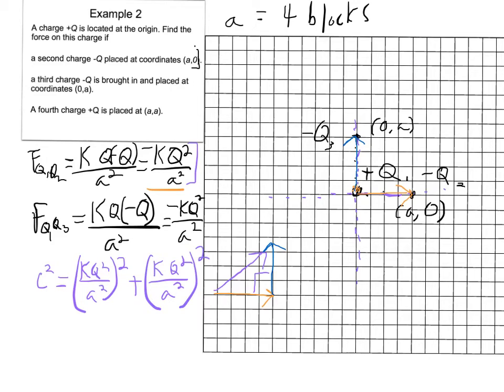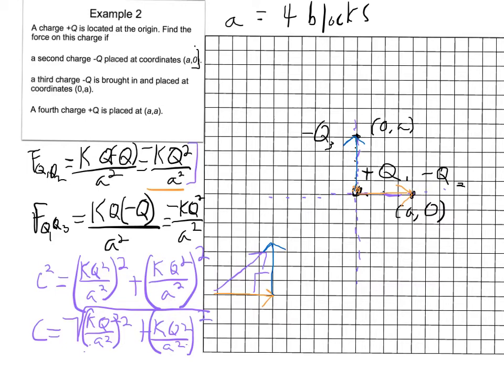Then we take the square root, so c equals the square root, k q squared over a squared, all squared, plus k q squared over a squared, all squared.